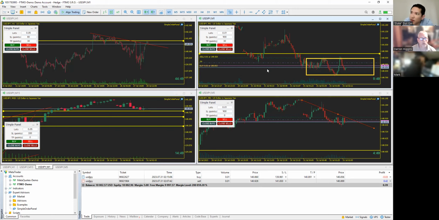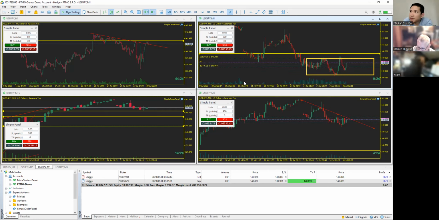Just saying that it will range in this area. It's not a high probability buy either. So that's why I'm still light. I'm 0.01s. It should pop up like that. I'm using 3 TPs.